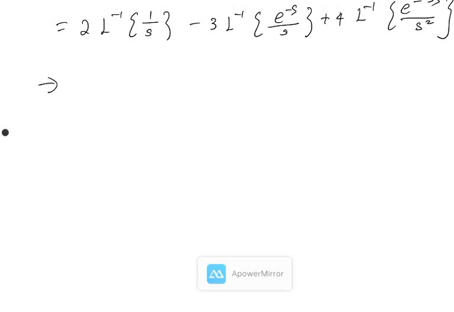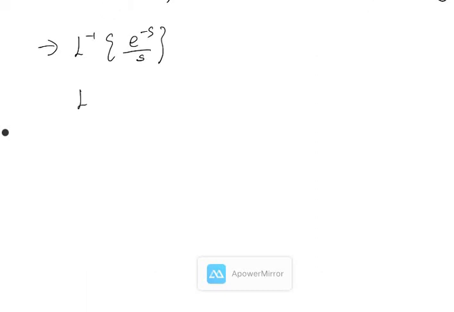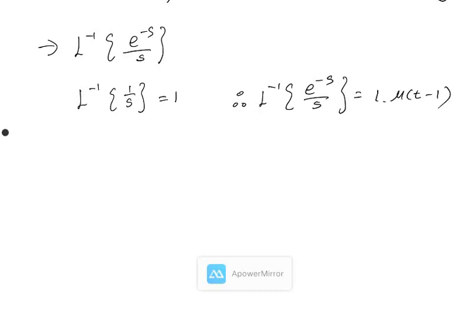So let's calculate the inverse Laplace transform of 1 over s, which is equal to 1. Then considering the exponent negative s, the inverse Laplace transform of exponent negative s over s is 1 unit step t minus 1.